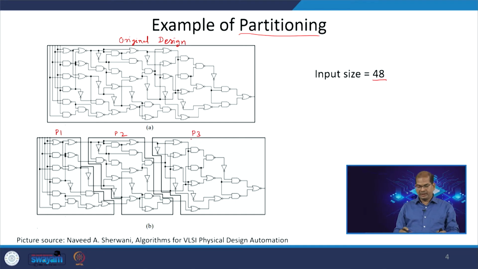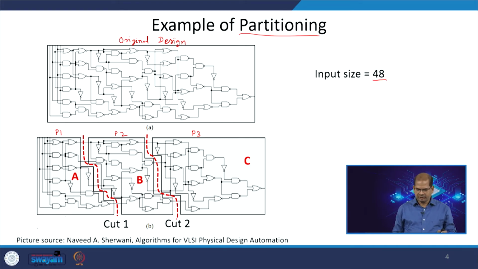If I divide them into 3 different partitions, on an average each one should occupy at least 16 gates to make each of them equal size. But sometimes it is not possible to make equal size, so we can allow some little variation around 16.